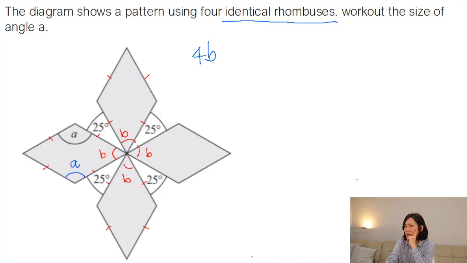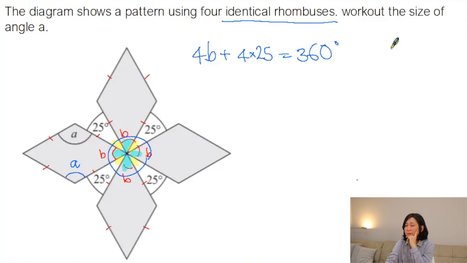I can see four lots of angle B. Then we notice that between the rhombuses we have a 25 degree angle. Let's mark it as a yellow one. Then all of them you can put together. That's 360, right? We know that we have 4 lots of 25. Then add them all together, 360. In that way we can find B.